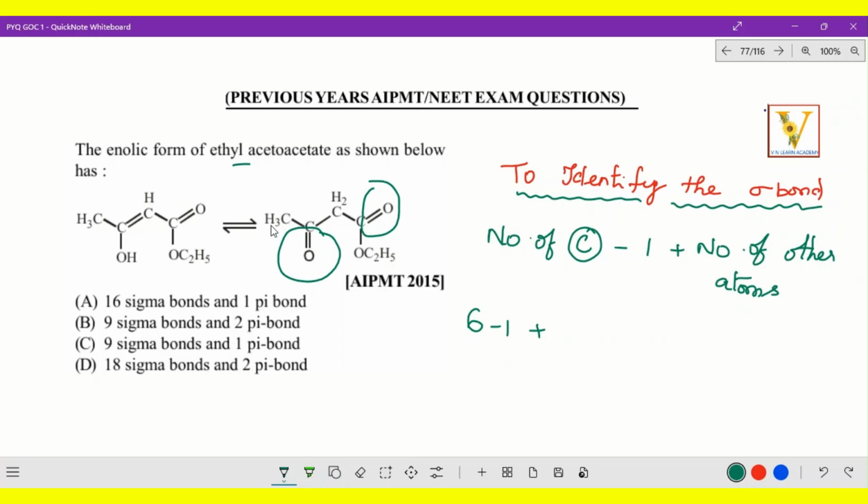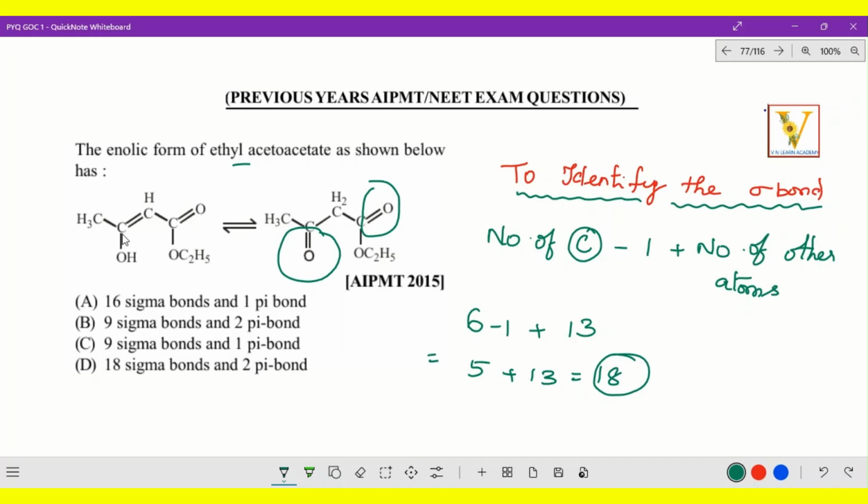So altogether, 3 plus 1, 4, 5, 6, 7, 8, 8 plus 5, 13, right? So 5 plus 13, how much? 18.